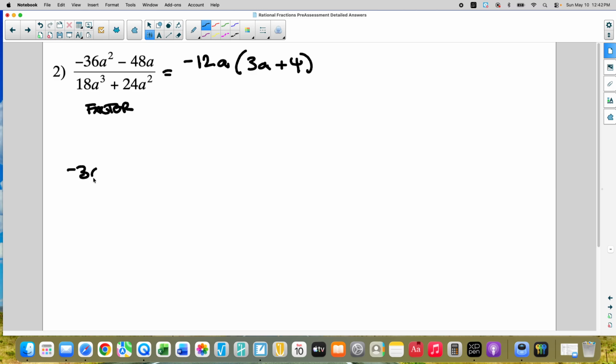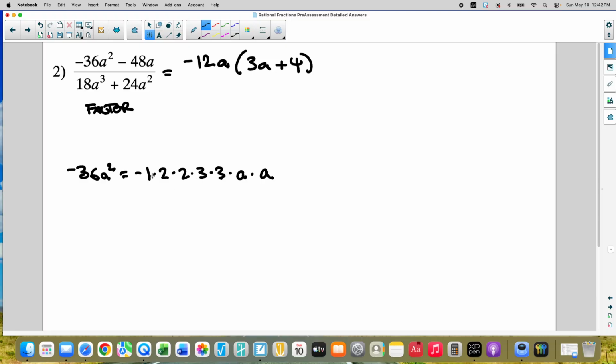So negative 36A squared gets broken into negative 1 times 2 times 2 times 2 times 3 times A times A. That's the prime factorization of 36. No, that's not it. 6 times 6, sorry. There's another 3 in there, sorry. I made a boo-boo.